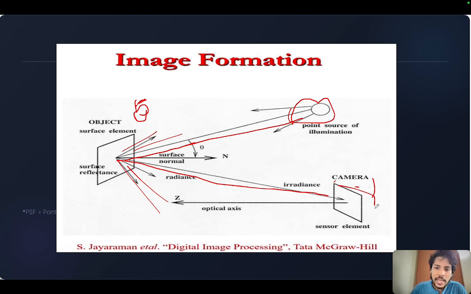The sensor captures the light rays coming from the deflected 3D object. Then the rest of the light is deflected away from the camera itself. The optical axis is an imaginary line drawn perpendicular to the sensor. We call it the optical axis.